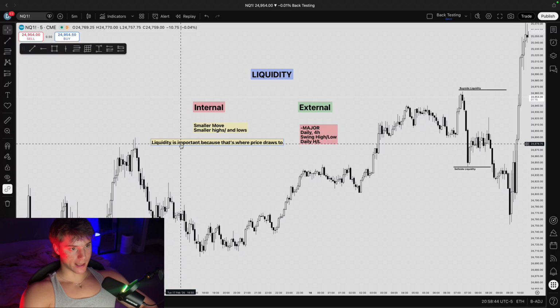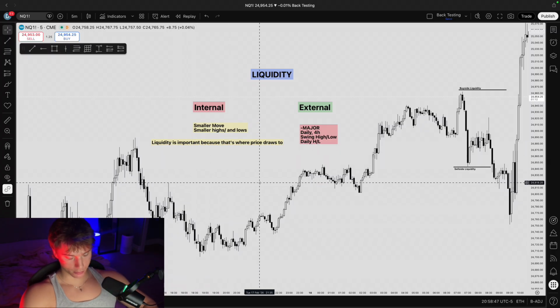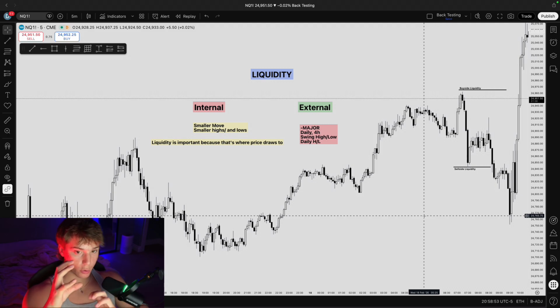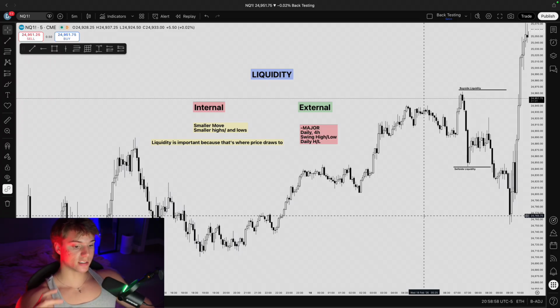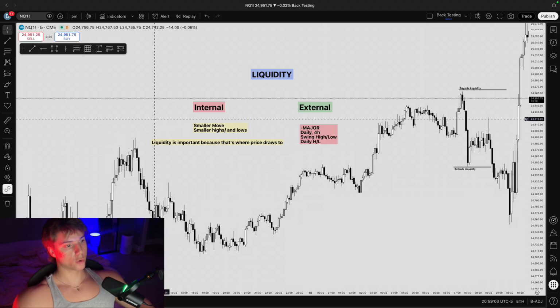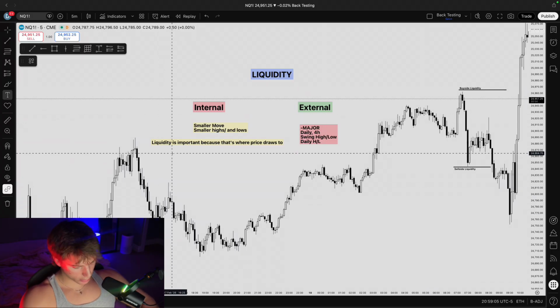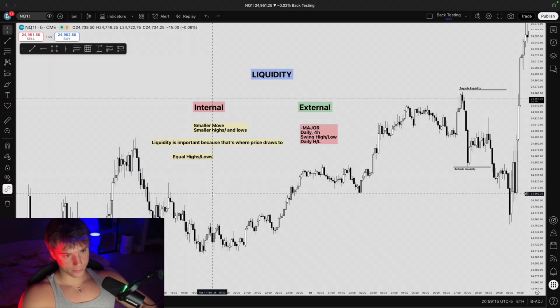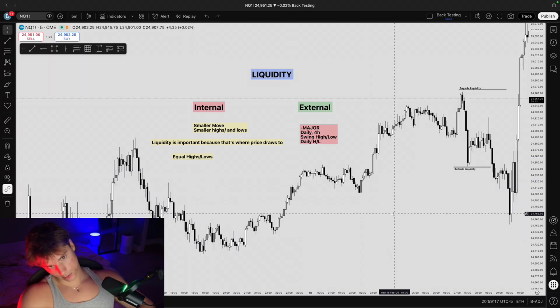Liquidity is important because that is where price draws to, right? So when I say your strongest set of liquidity, or your most important, your strongest set of liquidity, means that's where price is most likely to go to. And the most important and the strongest set of liquidity is going to be equal highs or equal lows. Now, what does equal highs and equal lows mean?